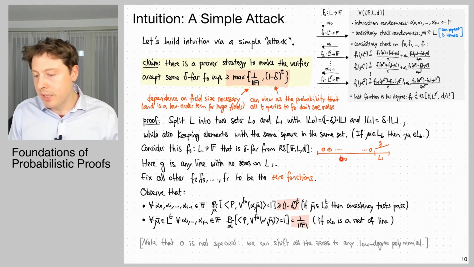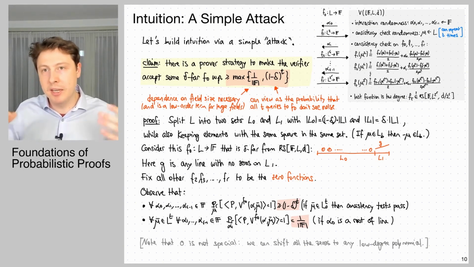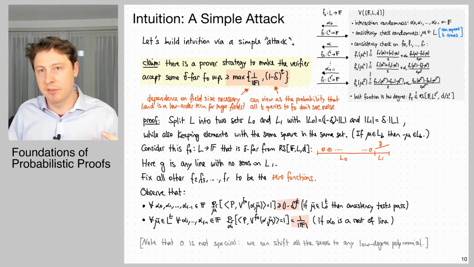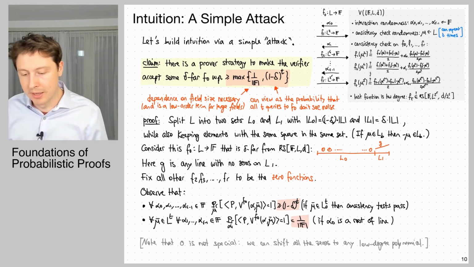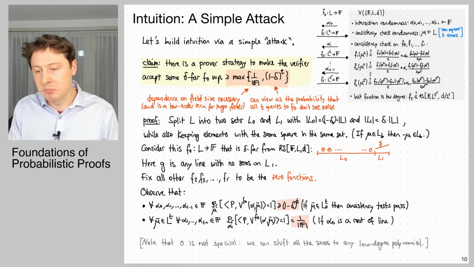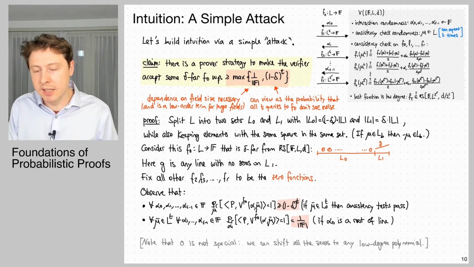Now, 0 is just representative. Everything is linear. We could have shifted to start from any low degree polynomial that we are adding noise to. Just 0 is the easiest one to think about. But you can start from any low degree polynomial and sprinkle noise like that, okay? But this is telling us that there is this fairly silly strategy that tells us that whatever we're going to prove about soundness, it can't be better than this.